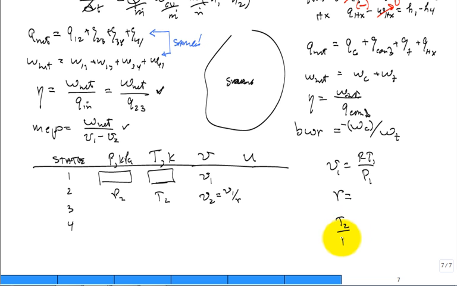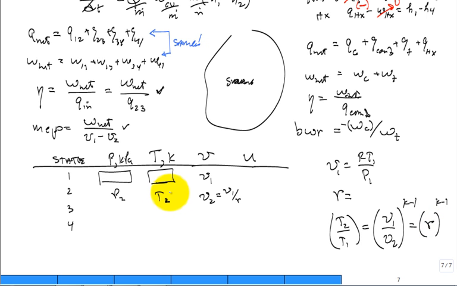T2 divided by T1 is equal to V1 divided by V2 to the K minus 1, which is the compression ratio to the K minus 1. So the higher the compression ratio, the greater T2 will be over T1. That's how you would calculate T2. Similarly for P2, P2 divided by P1 is equal to V1 over V2 all to the power K, or the compression ratio to the power K.